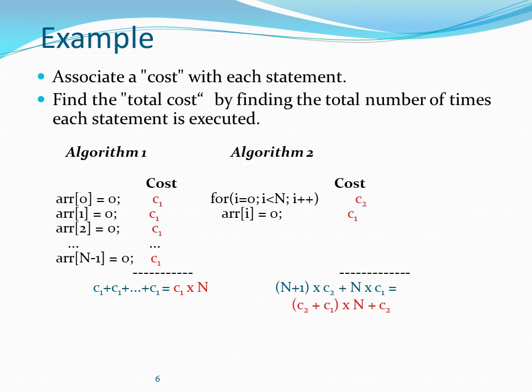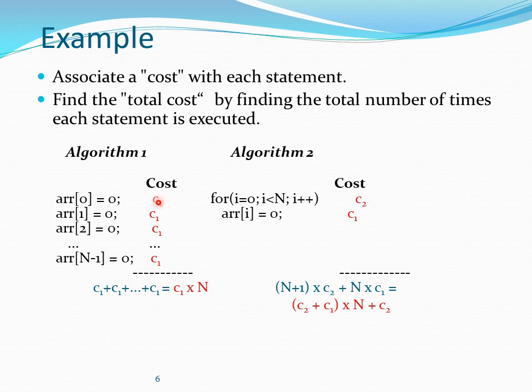Example, finding the total cost by finding the total number of times each statement is executed. Here, for the first type of algorithm, array of 0, we are assigning the array values as 0.